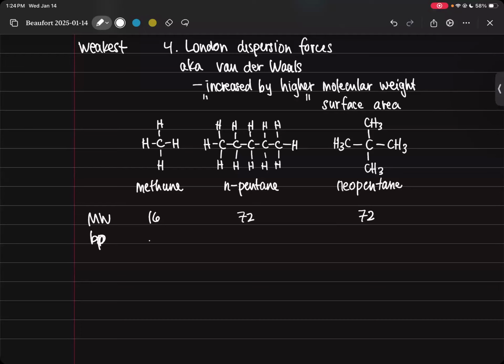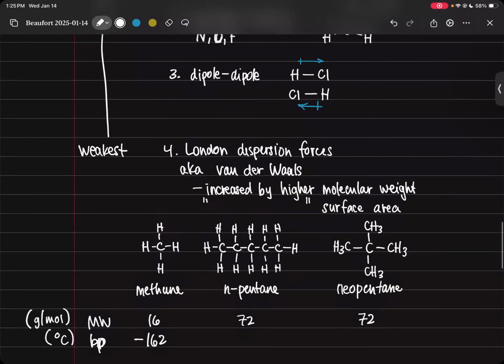The boiling point of methane is extremely low, negative 162 degrees Celsius. Wait, negative Celsius, negative freezing. Negative 162 degrees Celsius. Yeah, for the boiling point. Should include my units. Okay, so these are really nonpolar molecules.